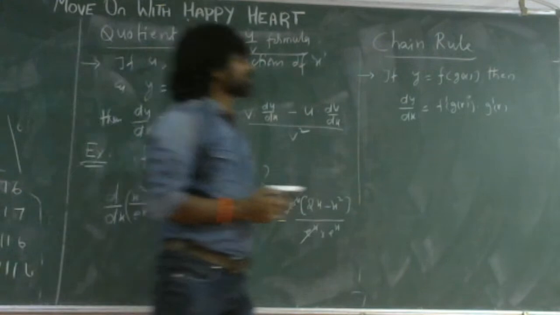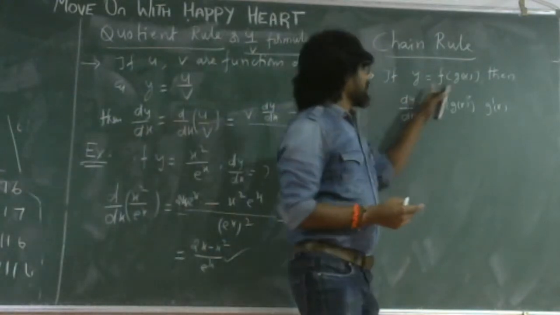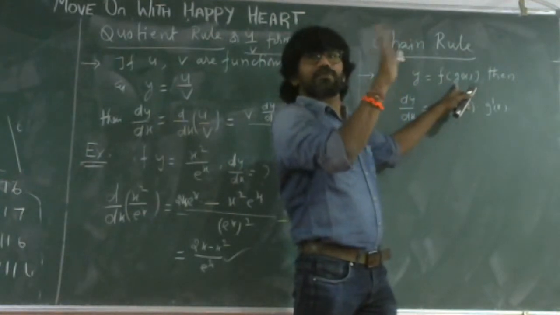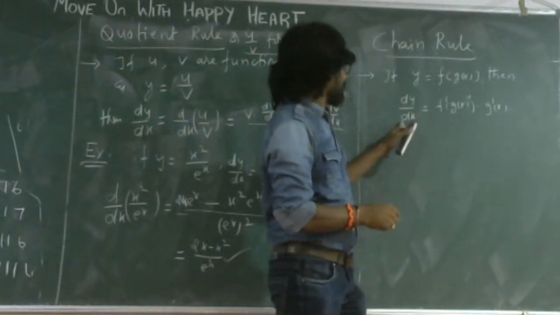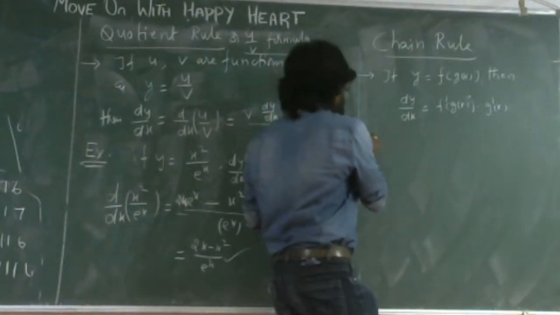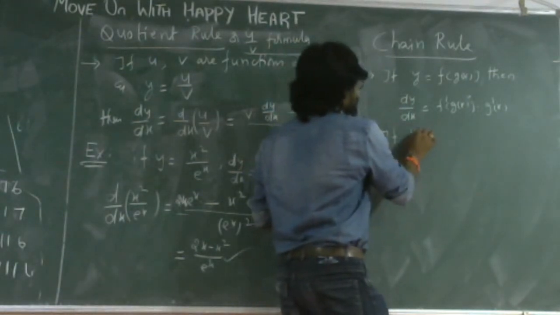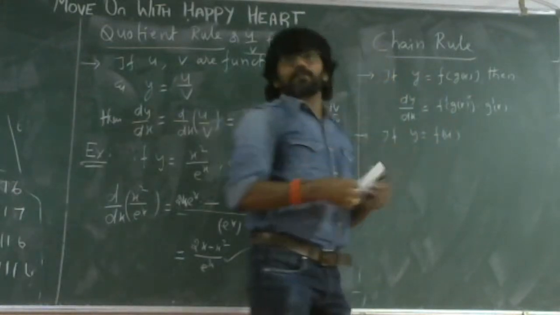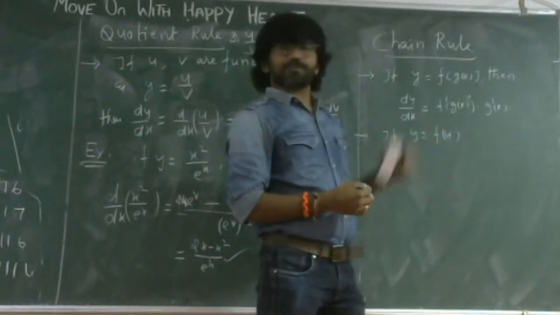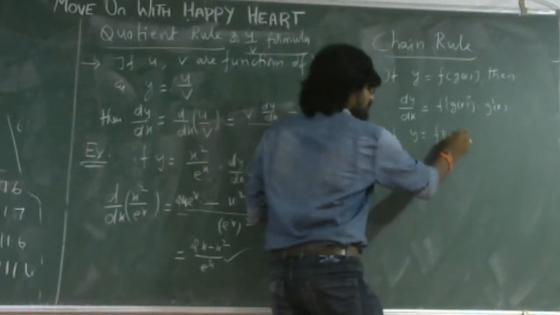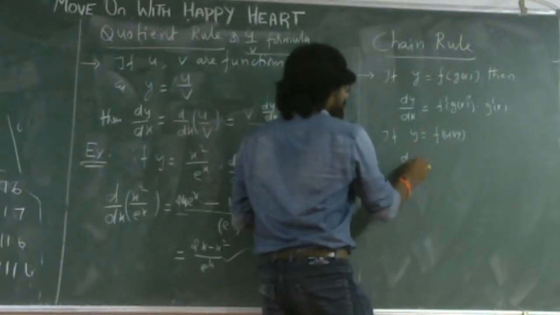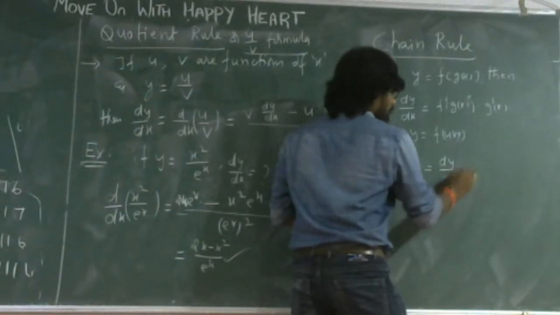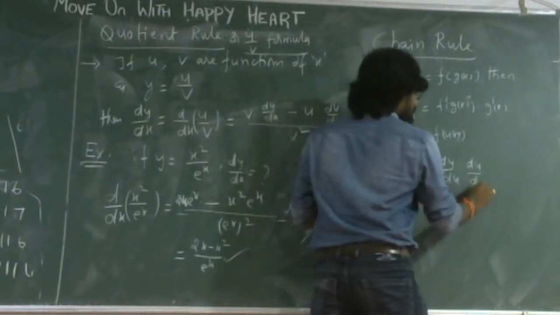Okay? Right? Whereas here, you can take y is equal to f of u of x, or f of u. If y is equal to f of u, where u is also a function of x, then dy by dx can be taken as dy by du into du by dx.